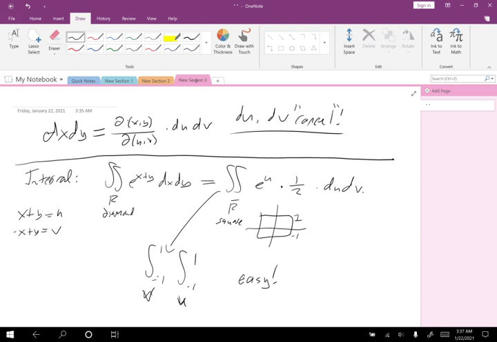And I would say rotation is the second most important change of variables.